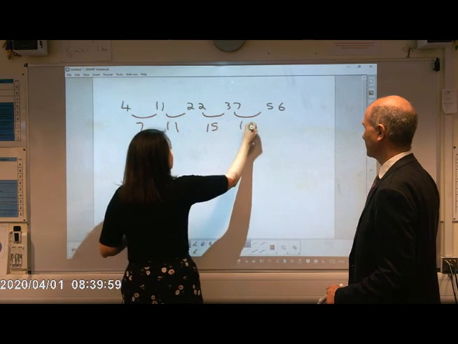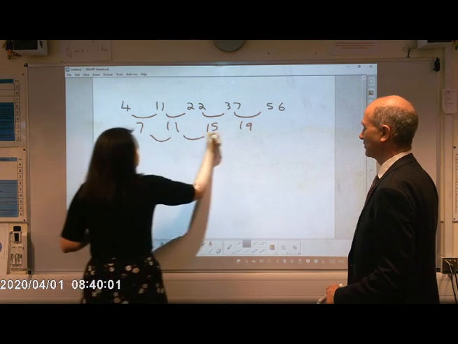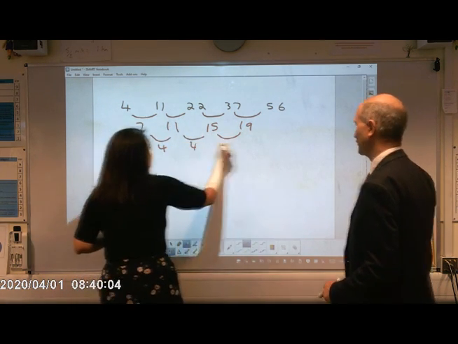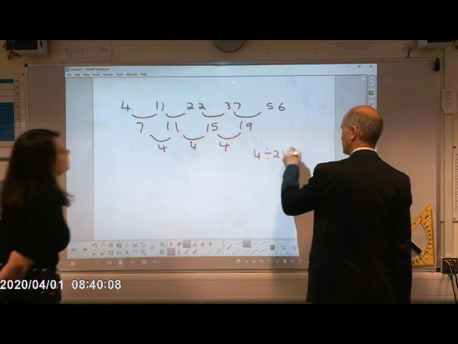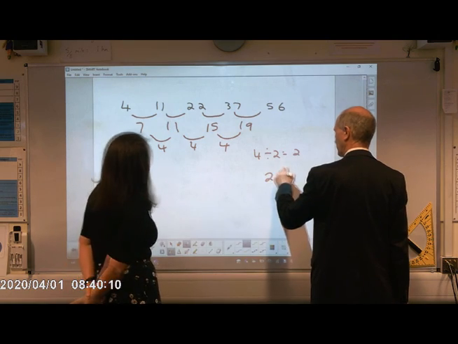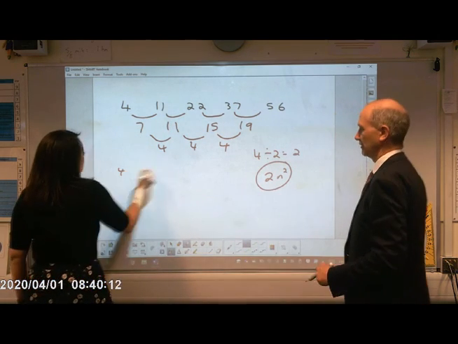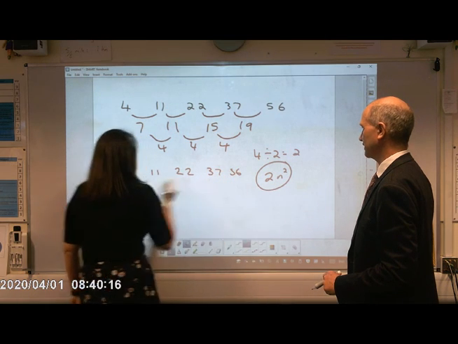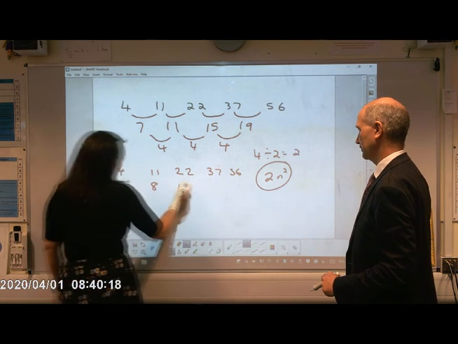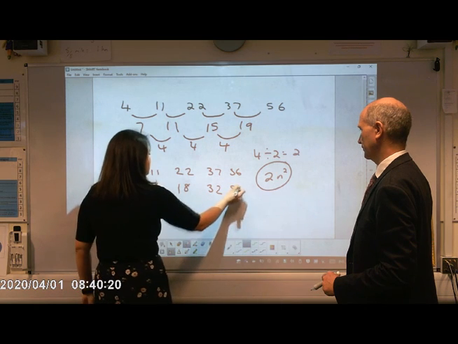Okay, difference for difference is 4. So we're going to have 4 divided by 2, which gives us 2. So 2n squared. That's our mark. 4, 11, 22, 37, 56. Minus 2, 8, 18, 32, and 50.